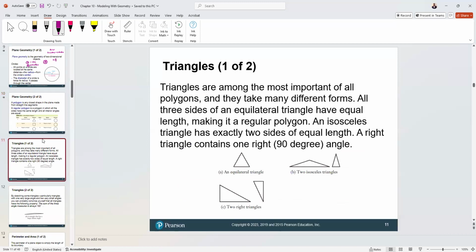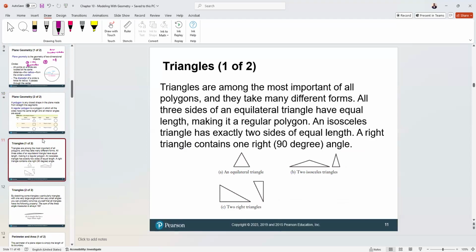Triangles are among the most important of all polygons, and they take many different forms. All three sides of an equilateral triangle have equal length, making it a regular polygon.